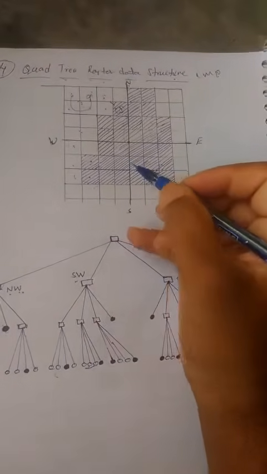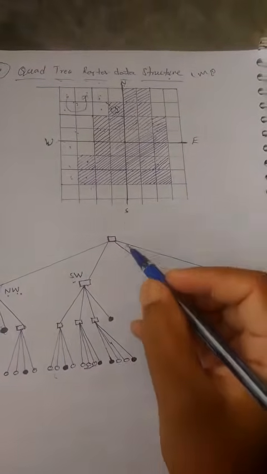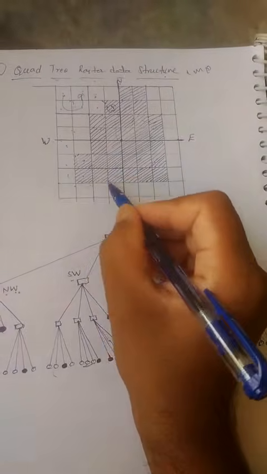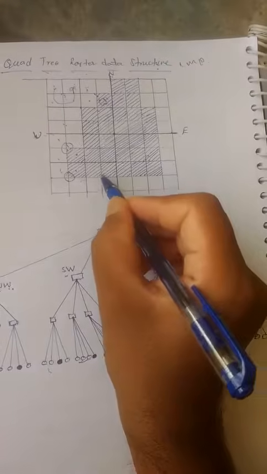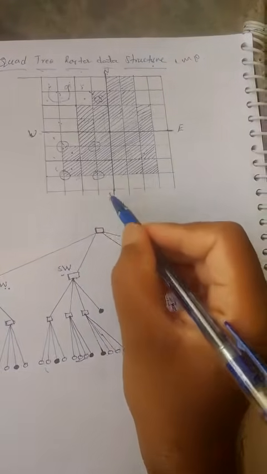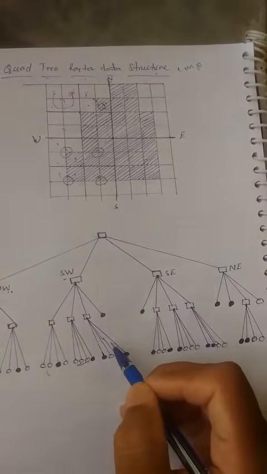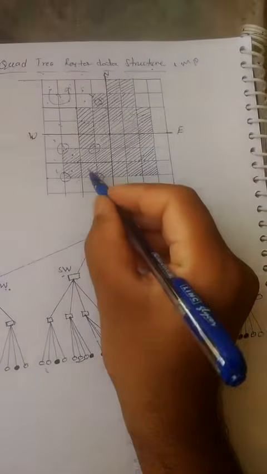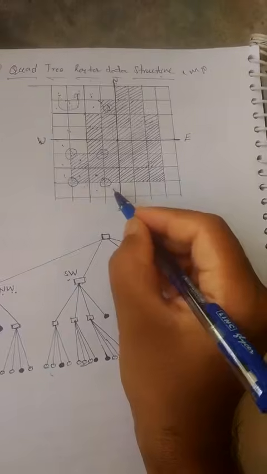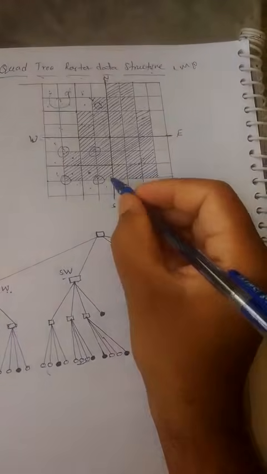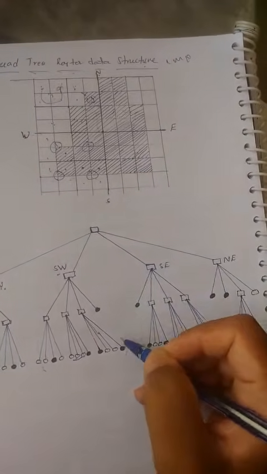And see the third one, 1 2 3. This one is 1, so 2 3 and 4. For the third one, the first one is sharing the boundary, the second and third are not sharing anything, and the fourth is sharing the boundaries.